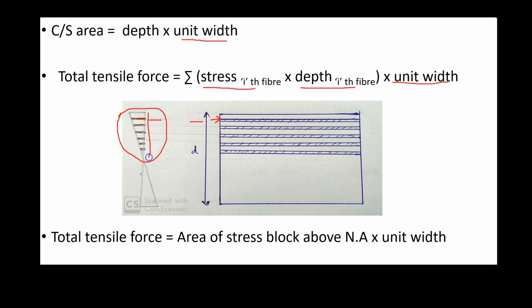We start from top and go till the neutral axis. If we do that, the total tensile force is equal to the area of the stress block above the neutral axis, because basically we are taking this ordinate into that particular depth, then a little below this ordinate into that depth, and if we keep on doing that, what we get is nothing but the area of the stress block.